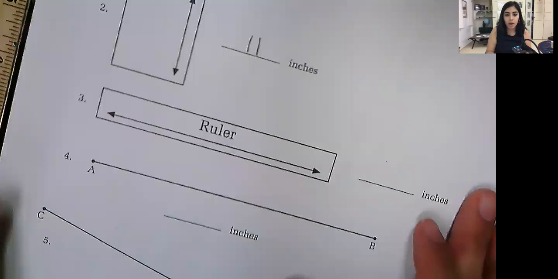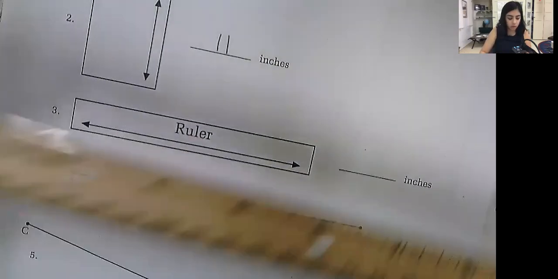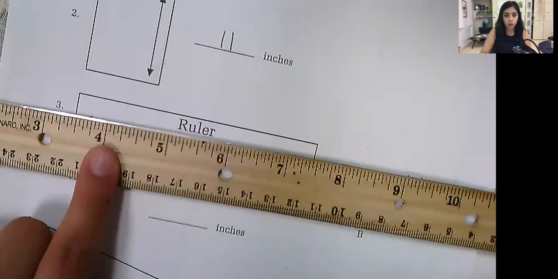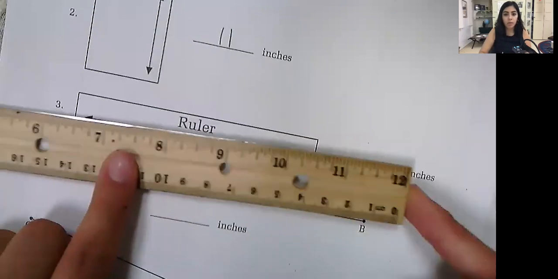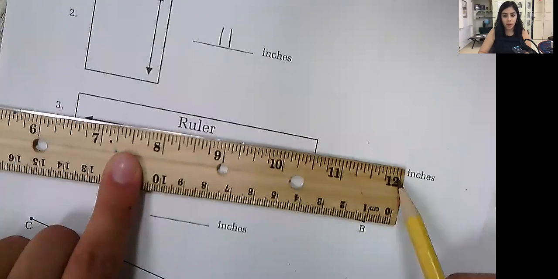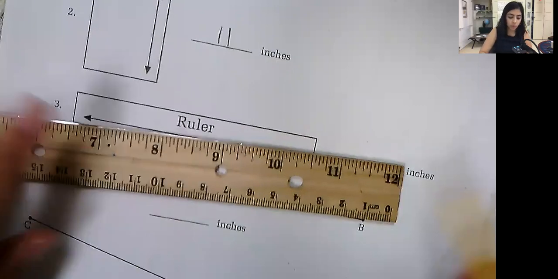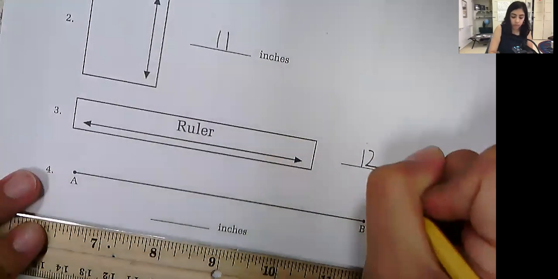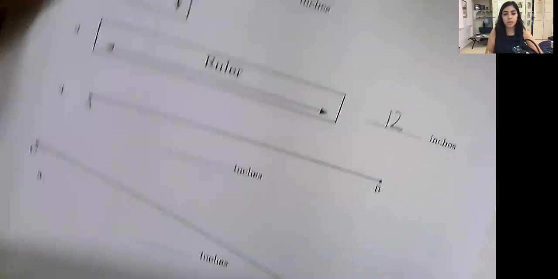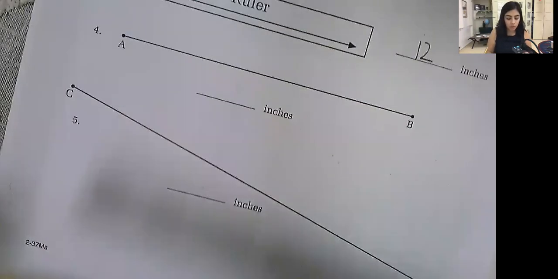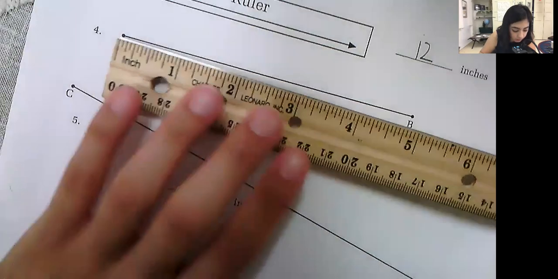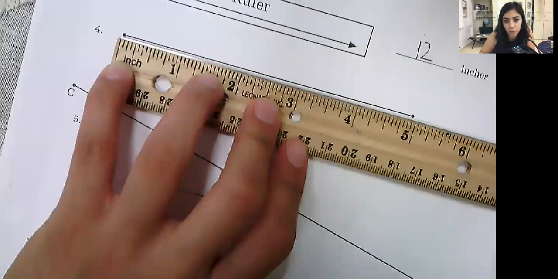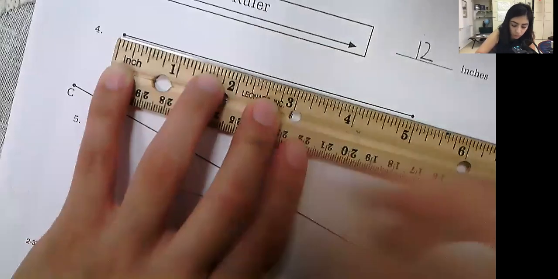Okay, now how many inches is a ruler? Let's look at our ruler. 1, 2, 3, 4, 5, all the way to the end. 12 inches. So what are we gonna put for our ruler? 12. So go ahead and write that down. Okay, now they want us to measure from A to B. So let's put our ruler again at the very starting point, so the first line, and all the way down to B. Where does it stop?